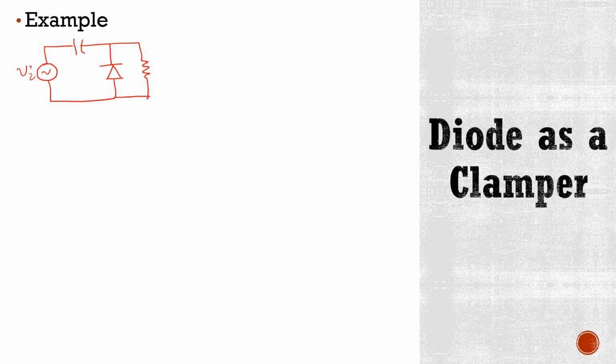Now look at this example. If you have a circuit like this, where this capacitor is connected to a diode and this resistor is connected in parallel to this diode. Now the voltage drop across this resistor is V0. This terminal is positive, this is negative, this is R. This terminal is positive, this is negative.